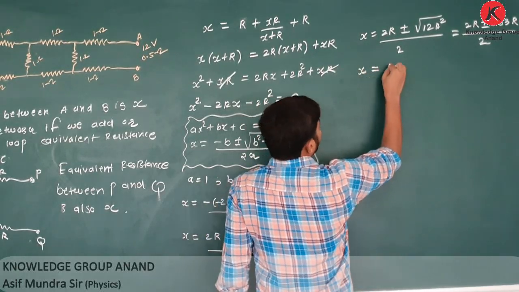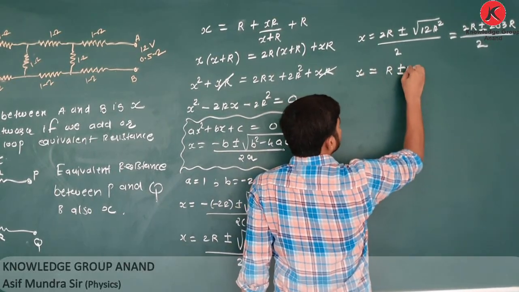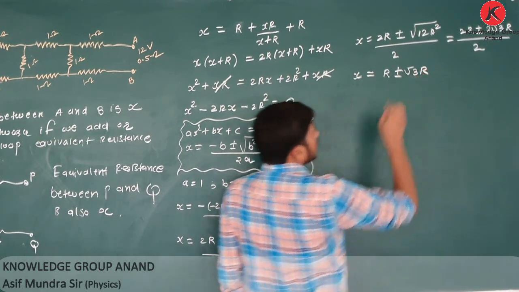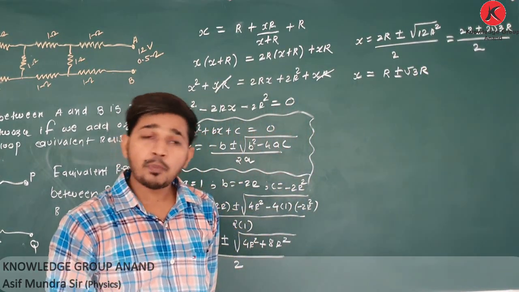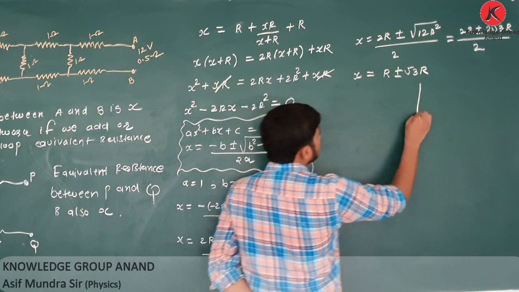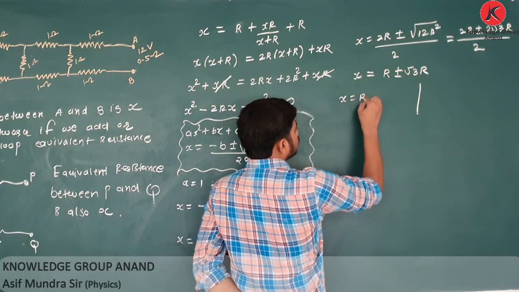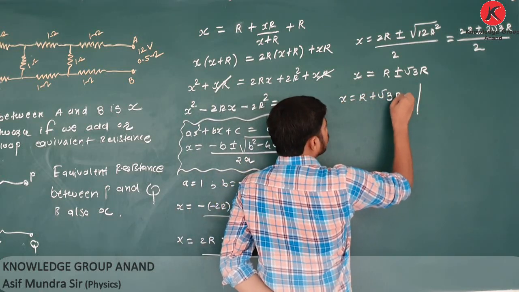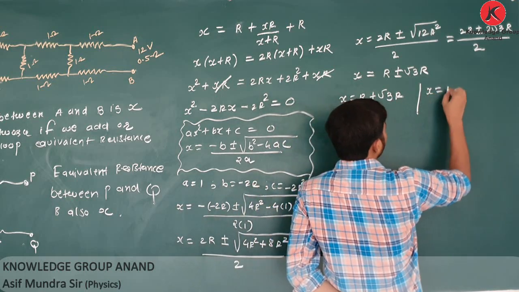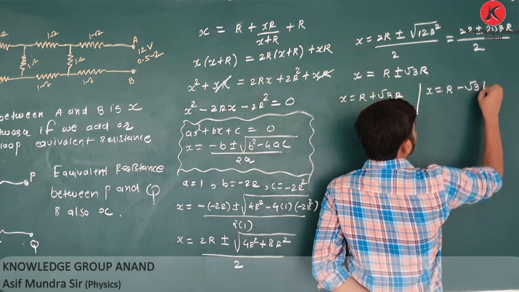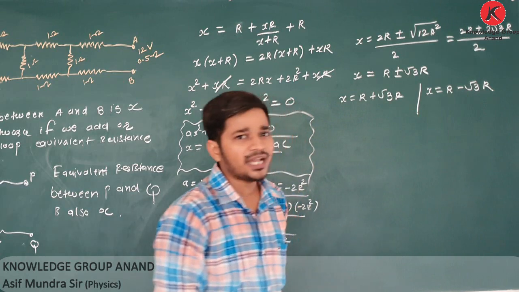Then x is equal to r plus or minus root 3r. Now plus or minus means we have two possibilities. First, x is equal to r plus root 3r and x is equal to r minus root 3r. Now see, what is r minus root 3r?